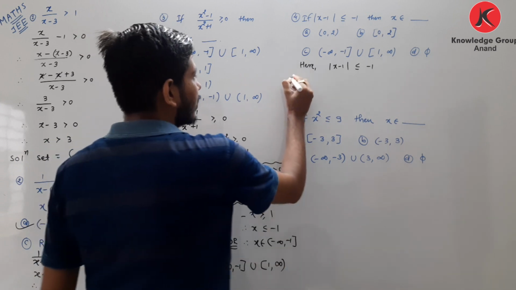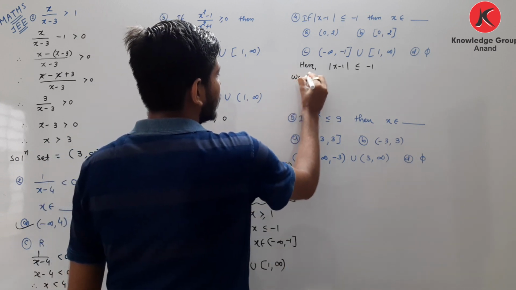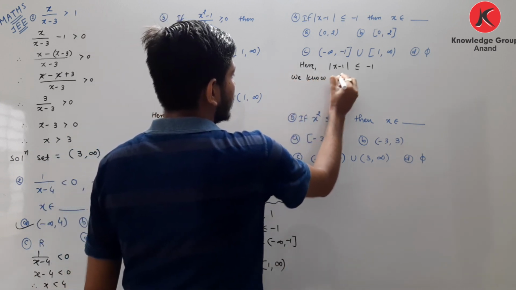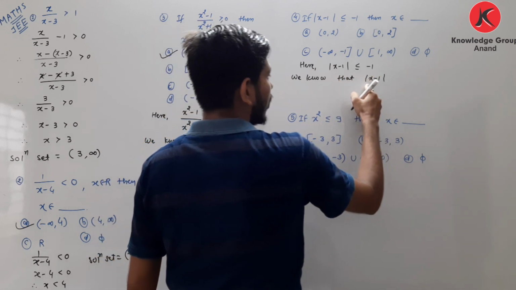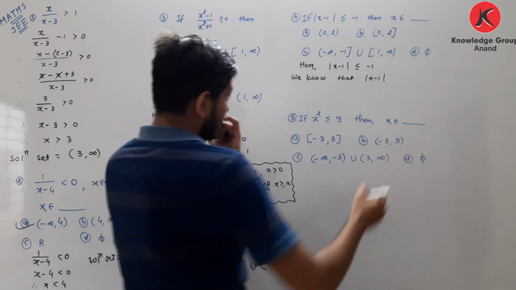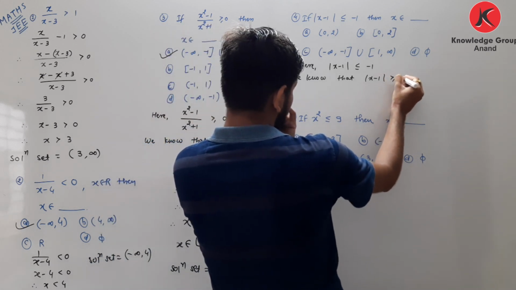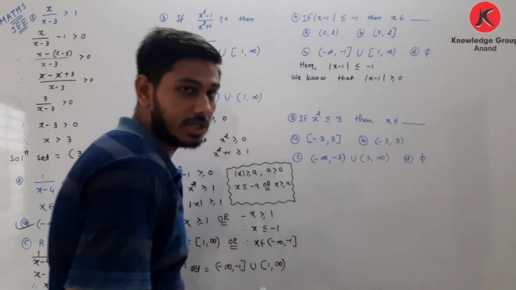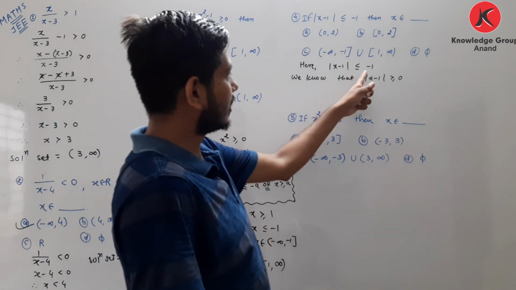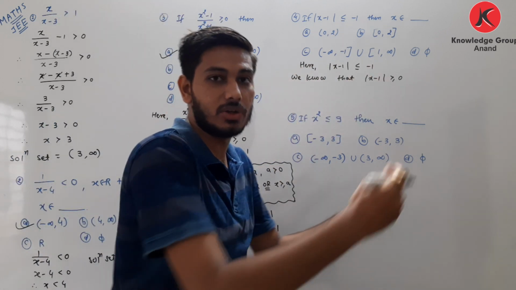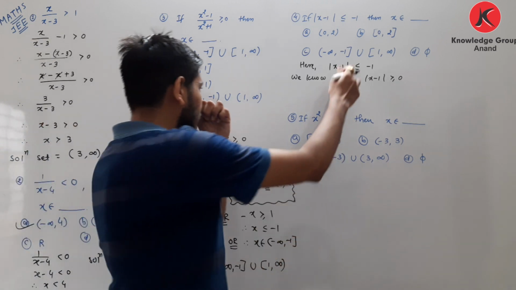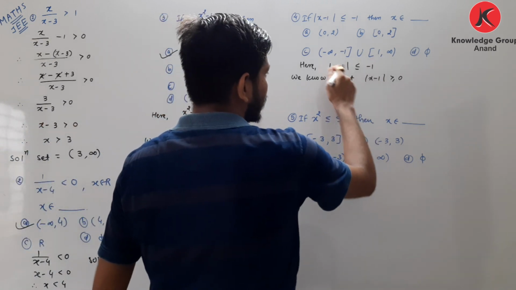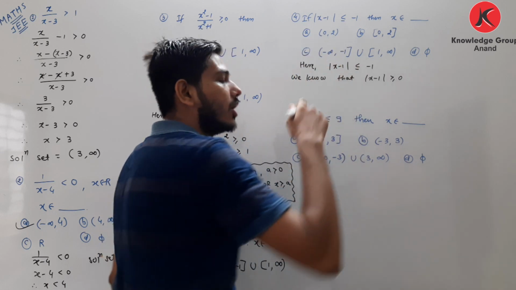So here we know that modulus of any number or any term must be positive or equals to 0, but they are given that it is -1 or less than -1. This can't be possible for any value of x.